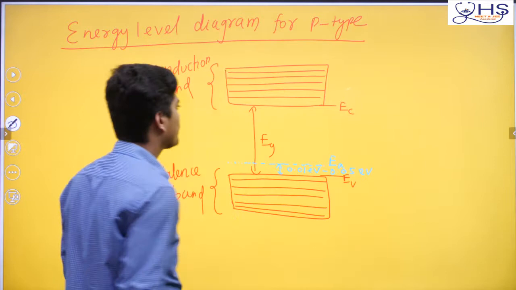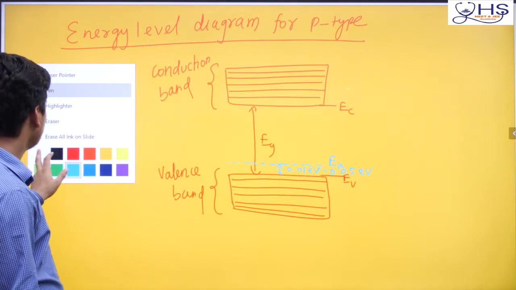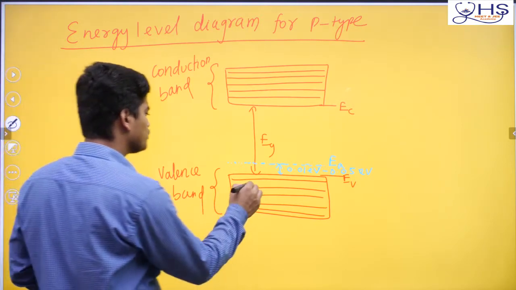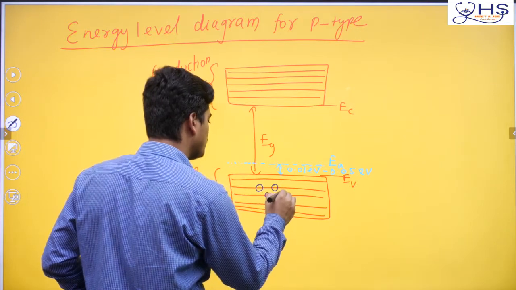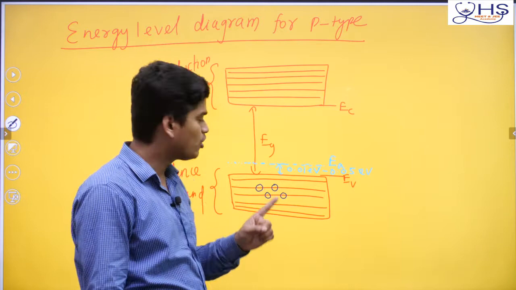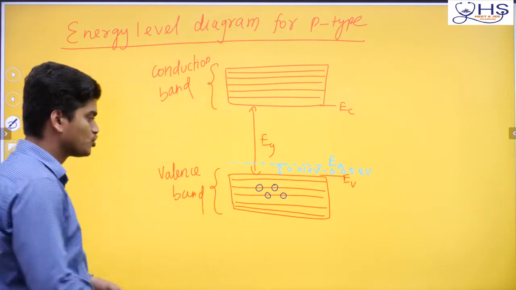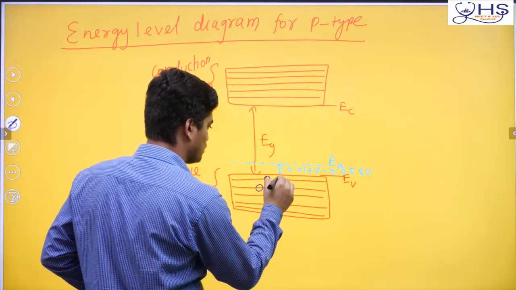Now for holes, you need to keep more holes here. Here I am keeping many holes, and remember only 2 holes can be kept in one energy level, because in one energy level only 2 electrons can stay at a time. Suppose 1 hole here, and here also 2 holes, no worries.